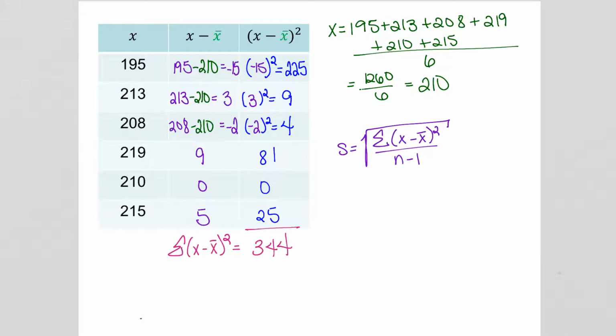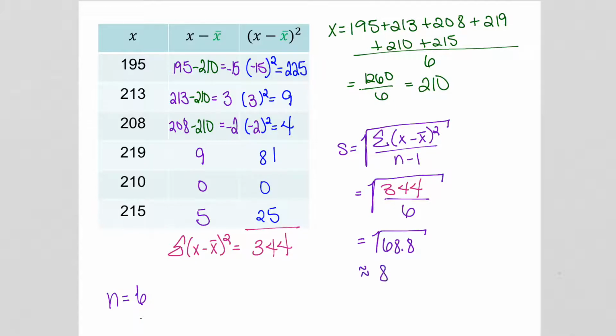And then n was 6. So we'll plug in. We've got the square root of 344 divided by 6. That's the square root of 68.8, which is approximately 8.28. So the standard deviation is approximately 8.28.